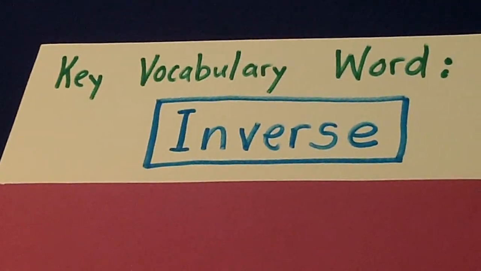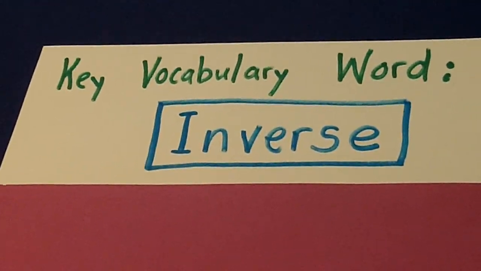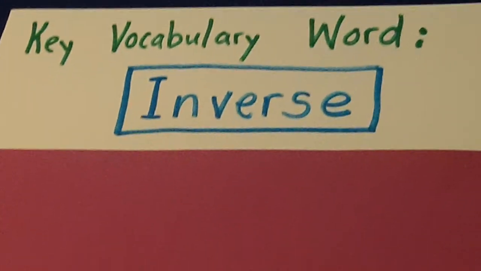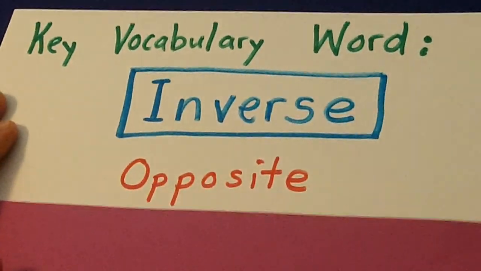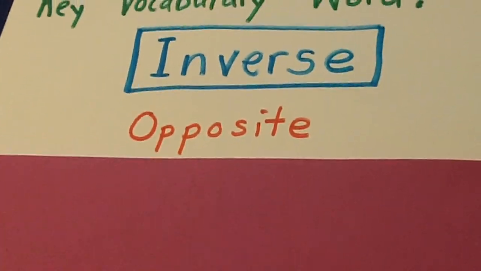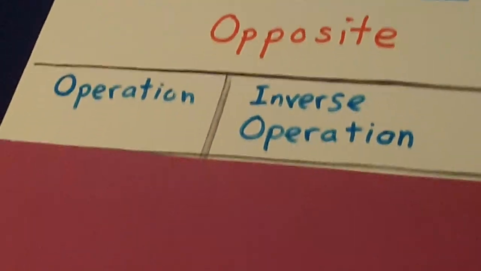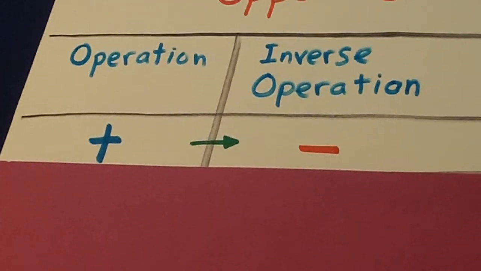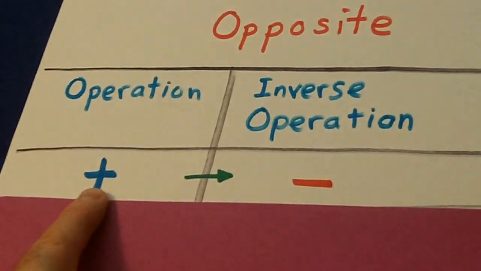All right. Now, here comes a very key word. Key vocabulary word during equations is inverse, and inverse means opposite. Okay? Now, in math, let's look at the plus sign.